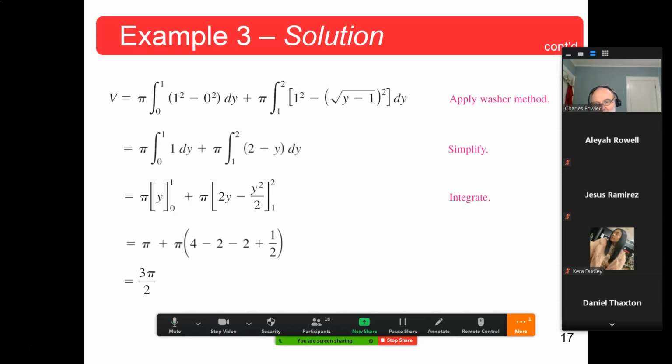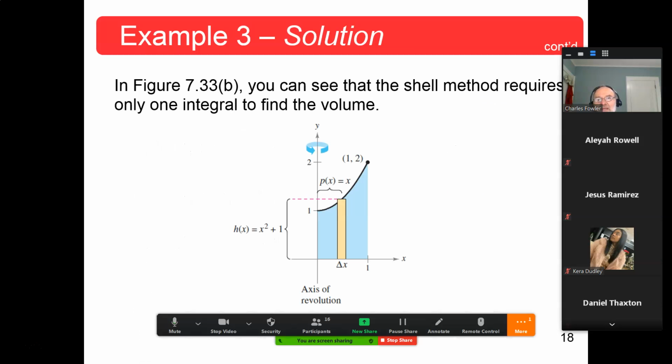I'm not going to rehash all that, but you got pi plus pi halves, and that gives you 3/2 pi. If you do it the shell method, it requires only one integration, because your shells are going from here to there all along here. There's only one set of integrations here, because the axis of revolution is like that, and you're doing those shells around.